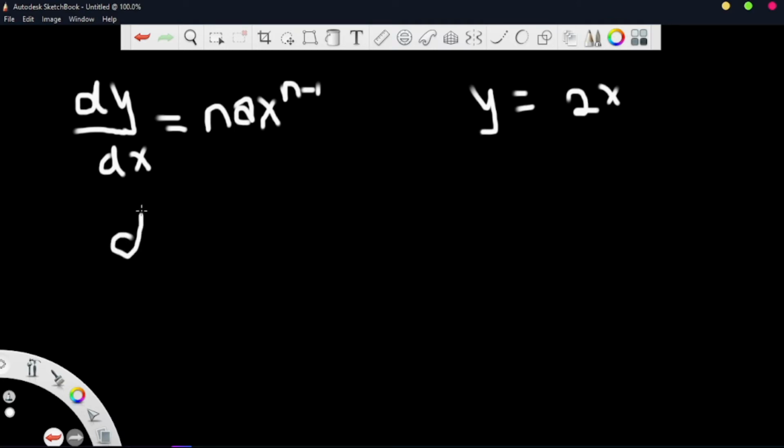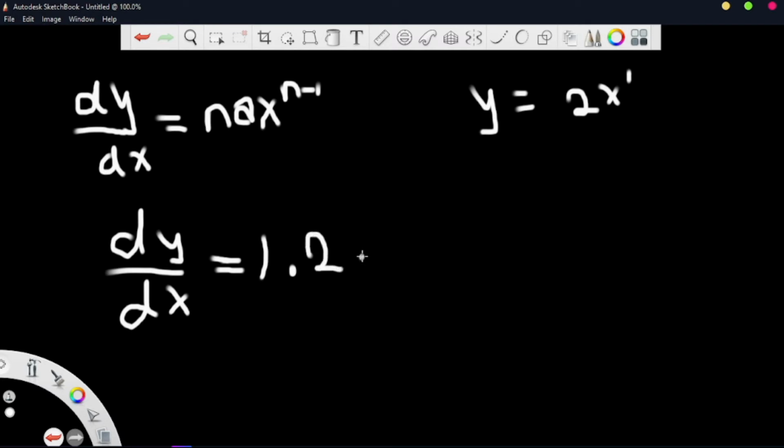So I can say my dy over dx is equal to, what is my power? Notice this is power 1, so I'm going to have 1 multiplying my number 2, times my x, and then I'll have 1 minus 1.